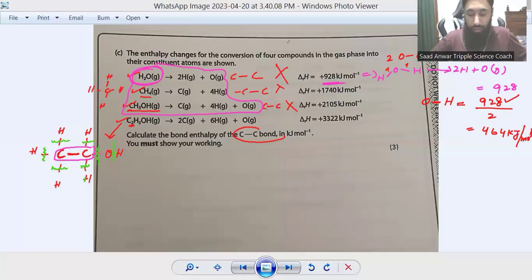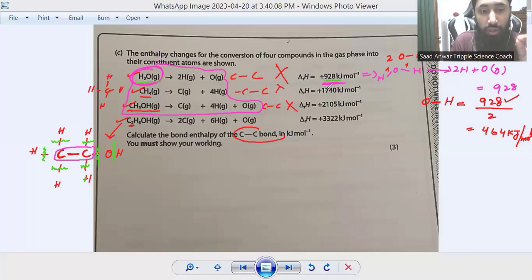So to break the oxygen-hydrogen bond, here they have said when you break water, 928 kilojoule per mole energy is given out.